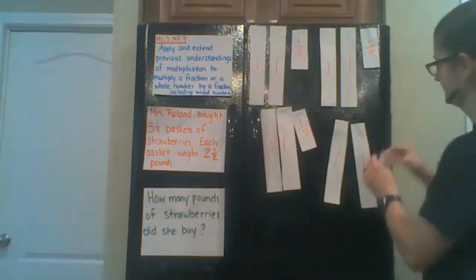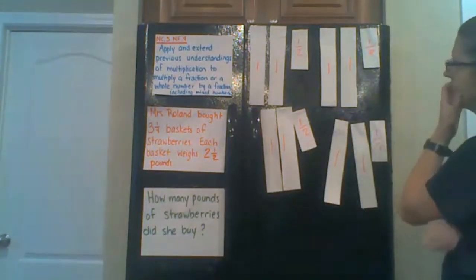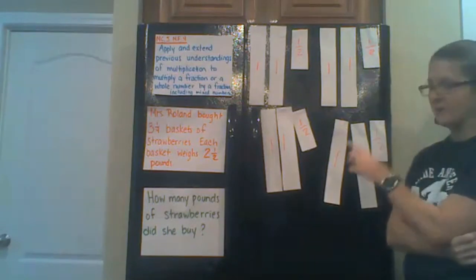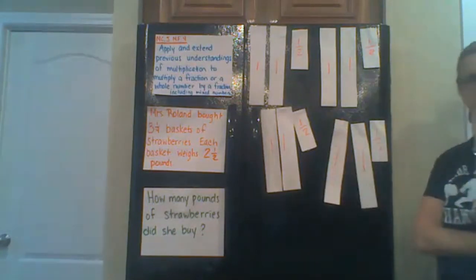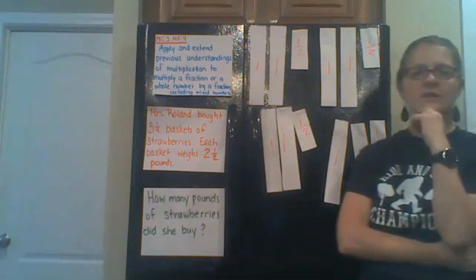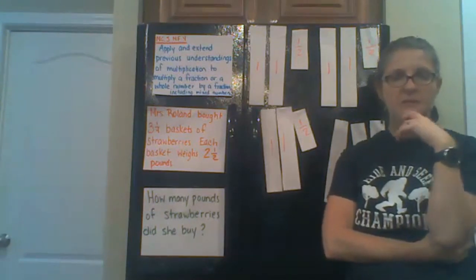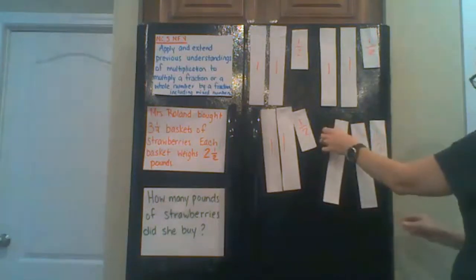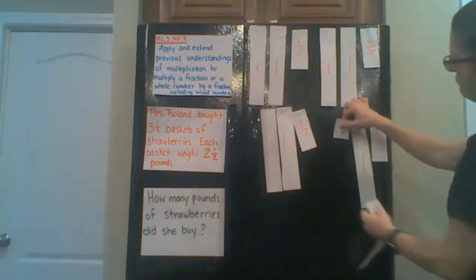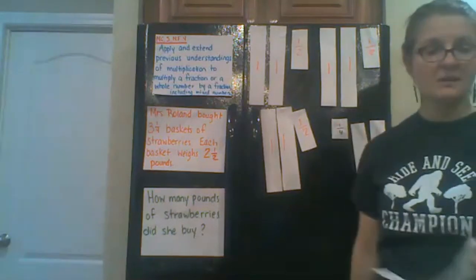All right, so let's start out by thinking about our wholes. If I want 1/4 of a whole, how many parts am I going to cut it into? I'll cut it into 4 parts, right? So 1/4 of that whole would be 1/4.